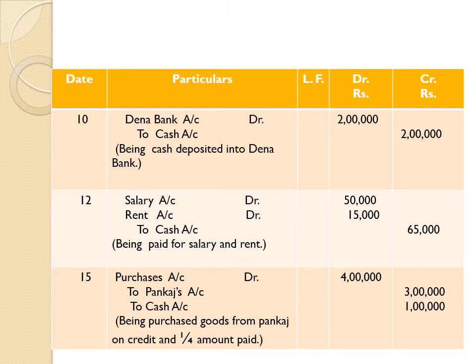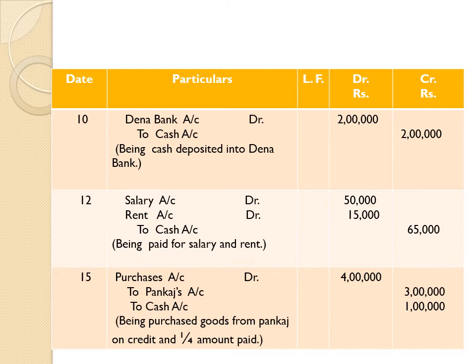On 12th April, that business paid salary and rent. So entry for it. Cash gone from us and amount paid for the purpose of salary and rent. Salary account debit 50,000.